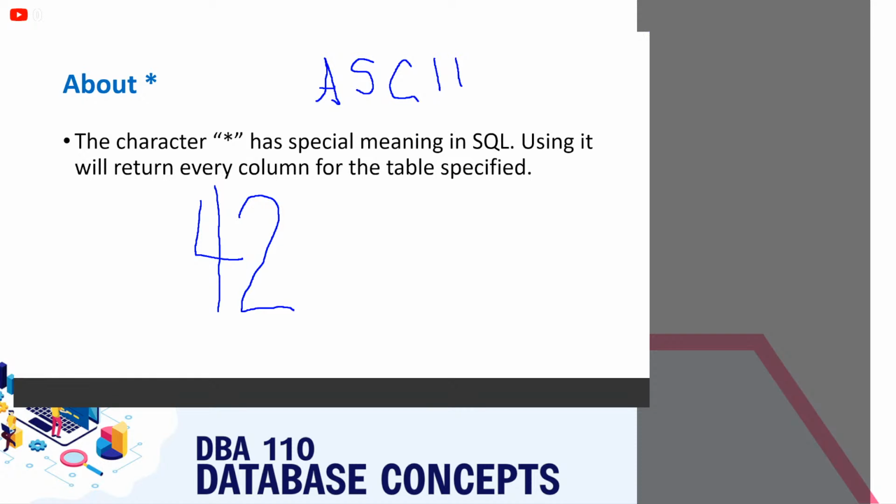But if we look on an ASCII table at the character that corresponds to the number 42, what is the meaning of everything? Well, it is an asterisk. It's our wildcard selector.